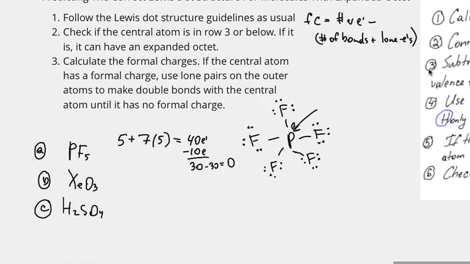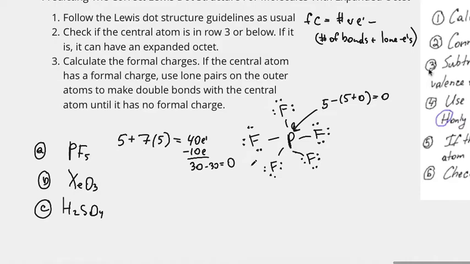We said phosphorus had 5 valence electrons minus, how many bonds does it have? 1, 2, 3, 4, 5. 5 plus, how many lone electrons does it have? None. We had no electrons left, so we didn't put any. So 5 minus 5 is equal to 0. This phosphorus is happy, so we can leave this molecule alone.